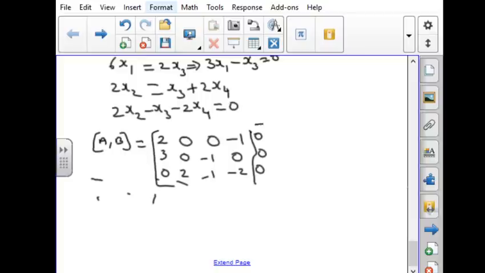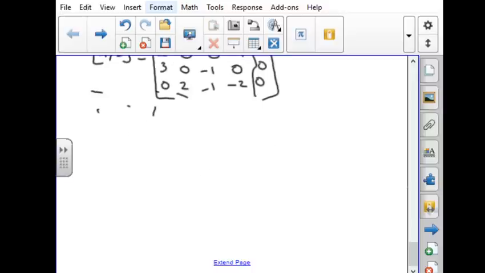So now we have to bring this to echelon form. To bring it to echelon form, we have to make this 0 and this 0. So we will take R2, and we have to multiply R2 by 2.